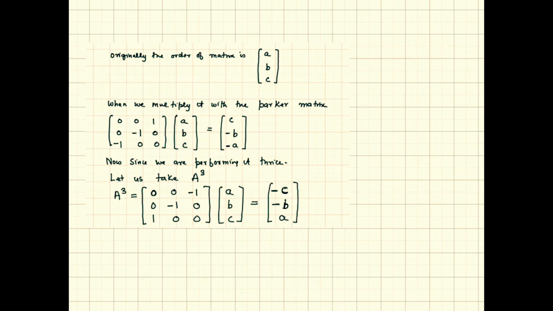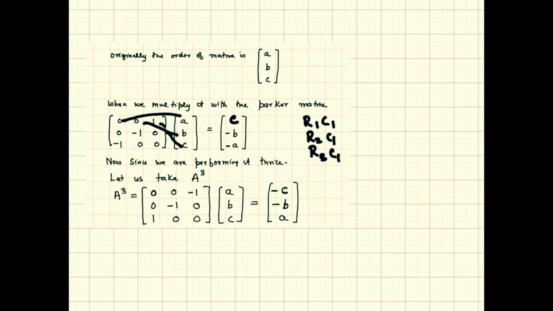Now recollect the concept of matrix multiplication. In this 0 gets multiplied with A, 0 into B, 1 into C. And that's how we get this part as C. Similarly, we are taking the first row R1 with C1, then R2 with C1, R3 with C1.